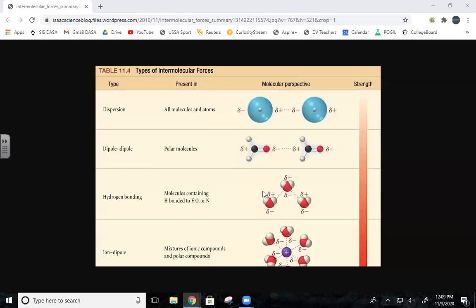This is always how I explain things that are subsets of other things. It's pasta and spaghetti. Not all pasta is spaghetti, but all spaghetti is pasta, right? Not all dipole-dipole are hydrogen bonds, but all hydrogen bonds are dipole-dipole.